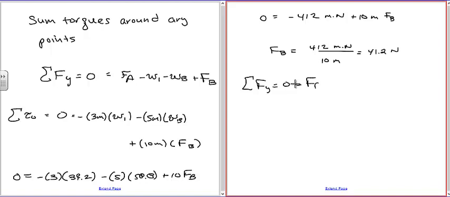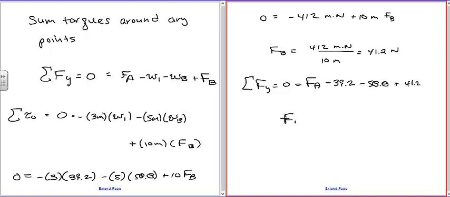So we have F sub A, W1 is 39.2 newtons, and we have W sub B, which is 58.8 newtons, and then we have plus F sub B, which is going to be plus 41.2.